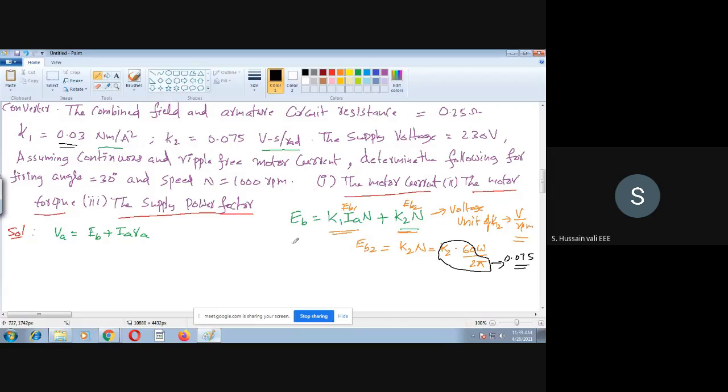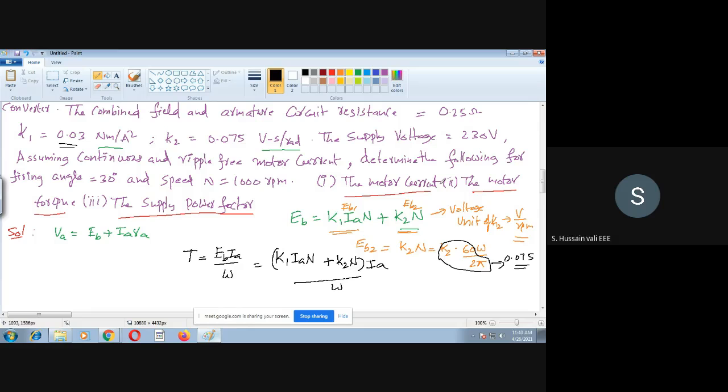If you recall, torque is equal to EB into IA by omega. This is the torque. Then EB I can write as K1 IA N plus K2 N, multiplied with IA divided by omega.